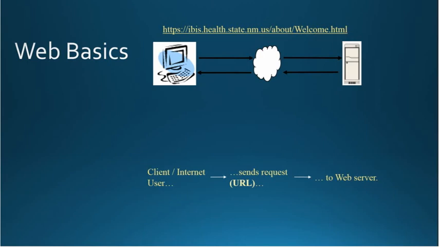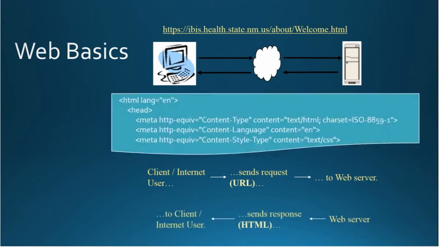The server then serves back the resource in the form of another text file formatted as HTML, or hypertext markup language. Note the text inside these angle brackets in the HTML. These are called tags, and tags are central to the standard structure of both HTML and XML files.